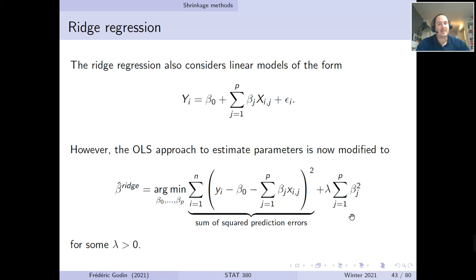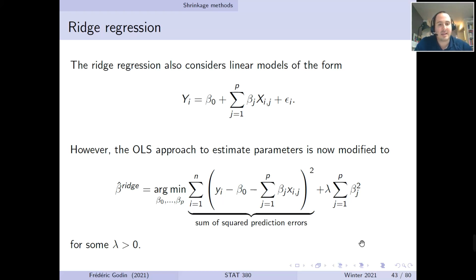But here a new term is added: plus lambda, a constant greater than 0, times the sum of betas squared, that is, the sum of the slopes squared. Notice that j starts at 1, not 0, so the intercept parameter is not present in this summation.